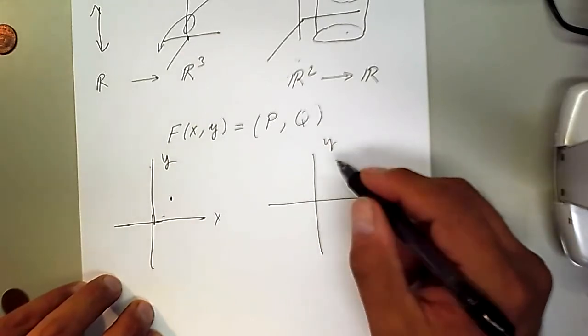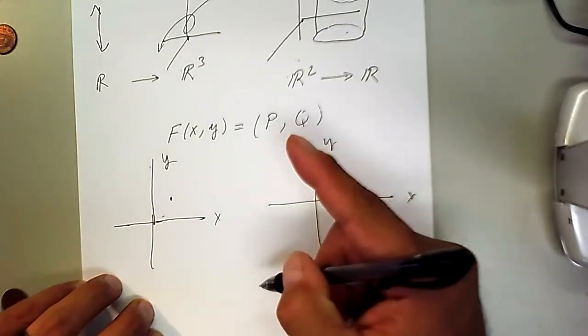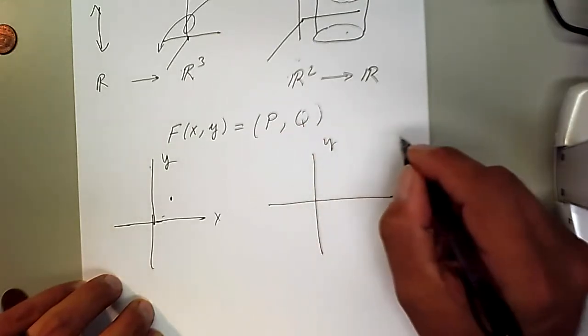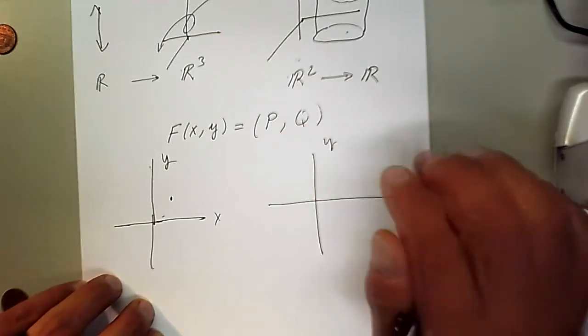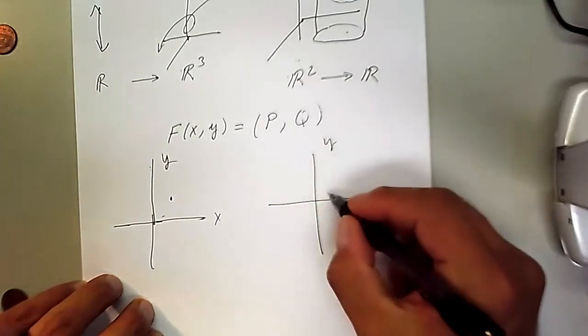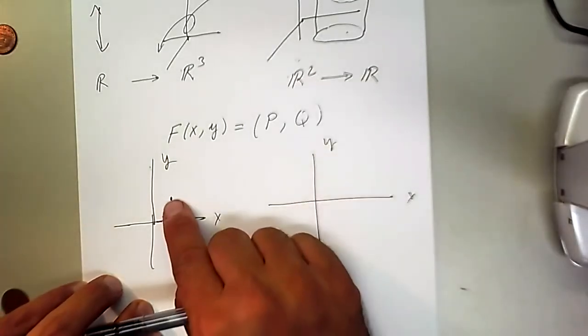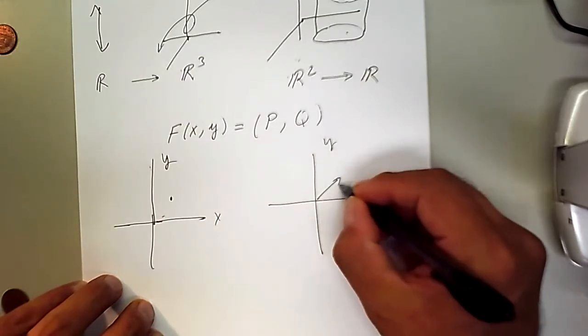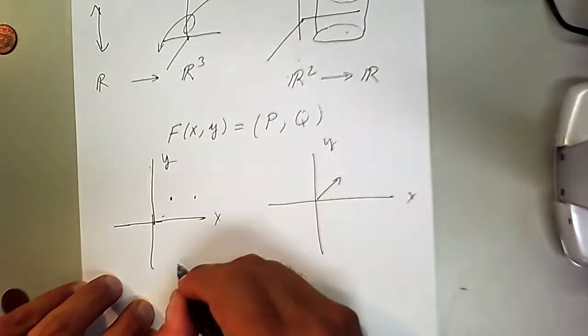Remember, a vector could be a point or a motion, depending on the context. So a lot of people think of this as a motion. So for instance, for this point, we can have this vector.